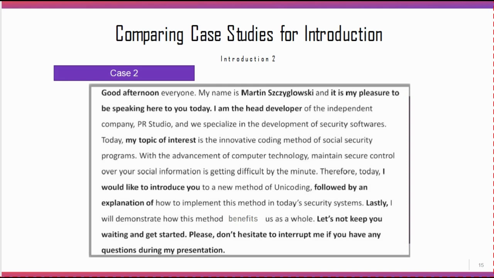With the advancement of computer technology, maintaining security control over your social information is getting more difficult by the minute. Therefore, today I'd like to introduce you to a new method of encoding, followed by an explanation of how to implement this method in today's security systems. Lastly, I'll demonstrate how this method benefits us as a whole. Let's not keep you waiting and get started. Please don't hesitate to interrupt me if you have any questions during my presentation.